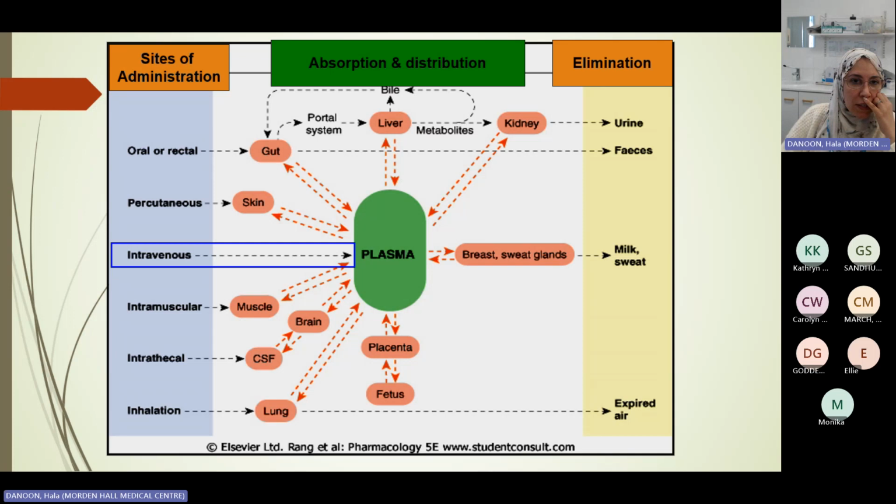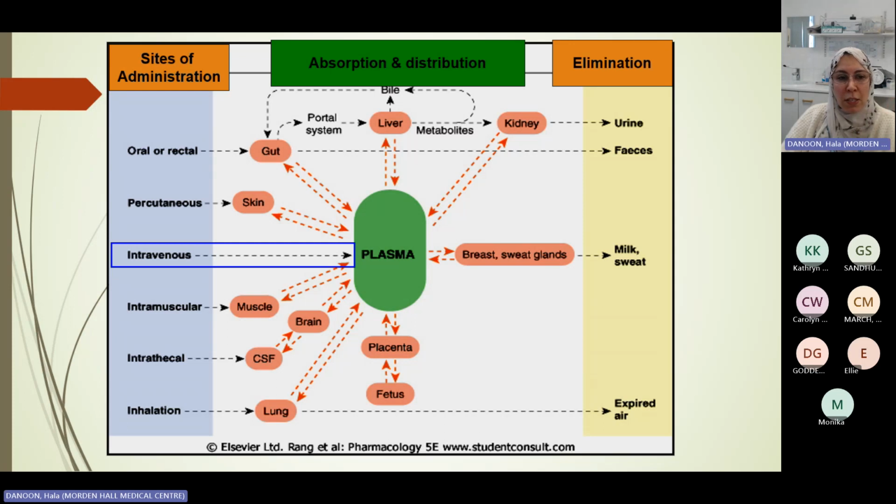Now, this slide shows you the different routes of administration on the left-hand side, whether it's oral or rectal, which goes into the gut, percutaneous goes into the skin, intravenous goes straight into the plasma, intramuscular, intrathecal, and inhalation.